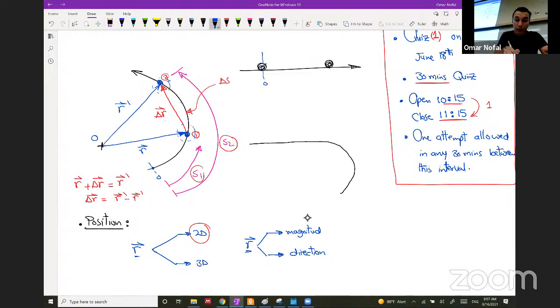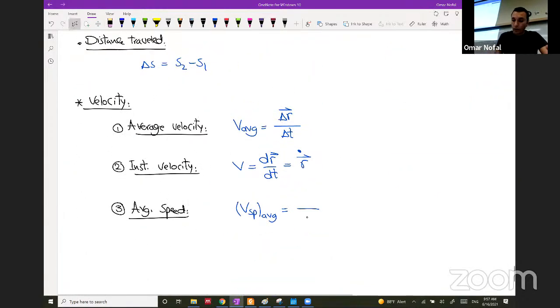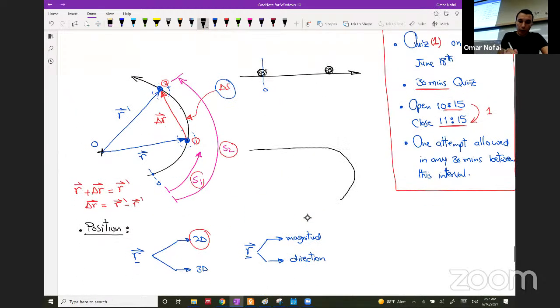But when we're talking about speed, we need the total distance on this curved path, which is delta S. So it will be delta S over delta T. And let's get to the instantaneous speed, like if we want the speed of the car at any point on this curved path.